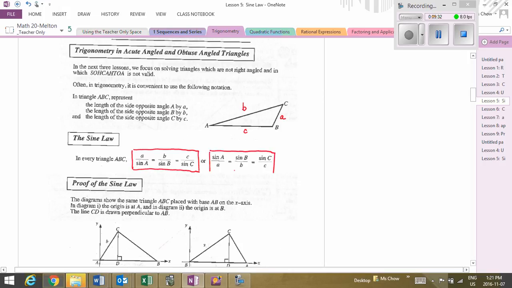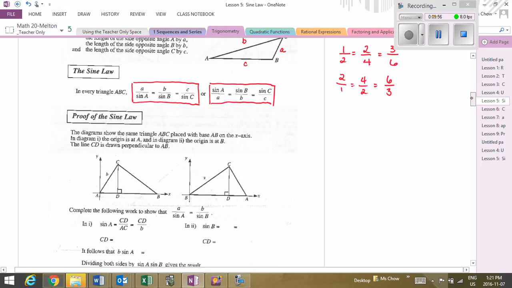Or inversely, you can flip all of them, because it's no different than me saying 1 over 2 is equal to 2 over 4 is equal to 3 over 6, as 2 over 1 is the same as 4 over 2 is the same as 6 over 3. So they are exactly the same, as long as we're consistent all the way through. So why is that? Let's run through the proof then.